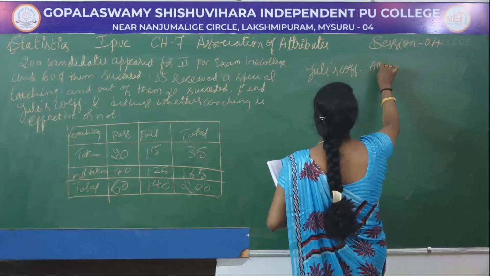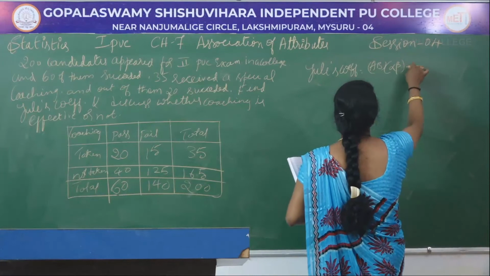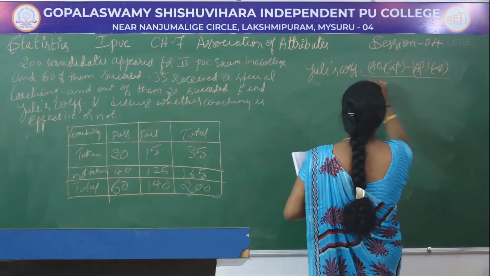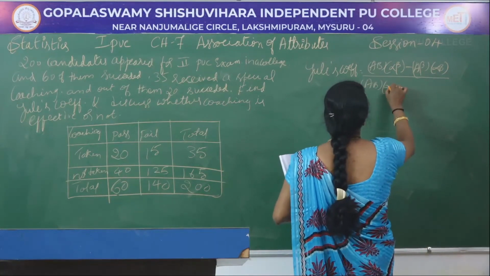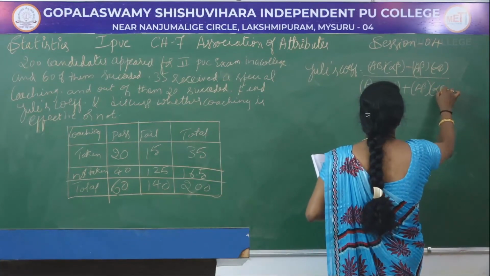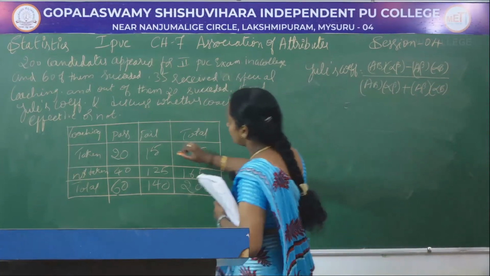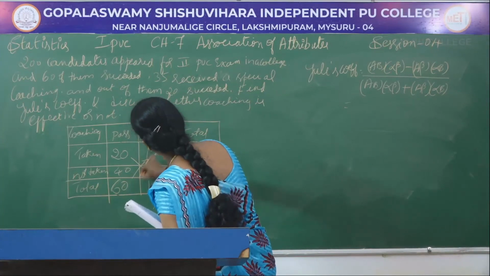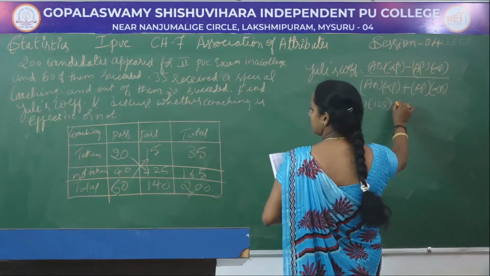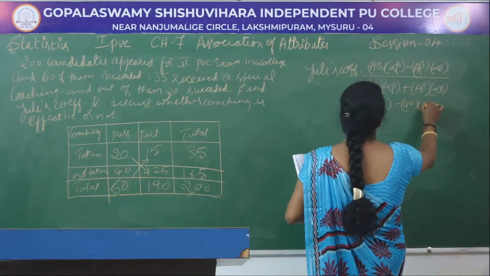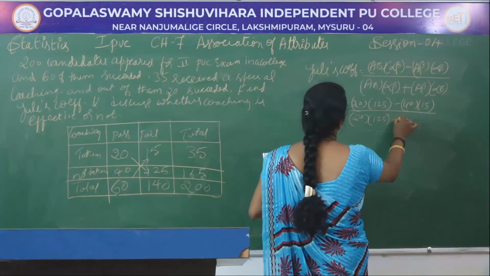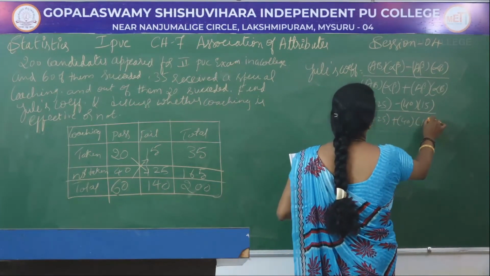It is (AB)(αβ) minus (Aβ)(αB) divided by (AB)(αβ) plus (Aβ)(αB). Now substitute the values. You have to take the cross multiplications like this. It is 20 into 125 minus 40 into 15 divided by 20 into 125 plus 40 into 15.